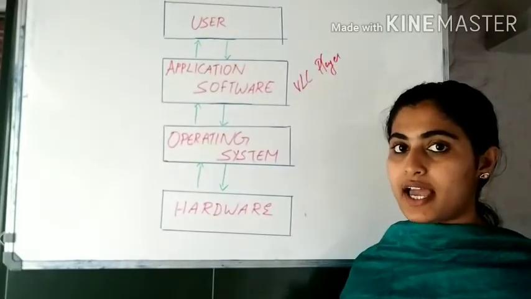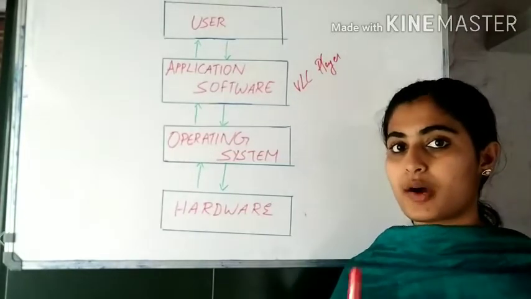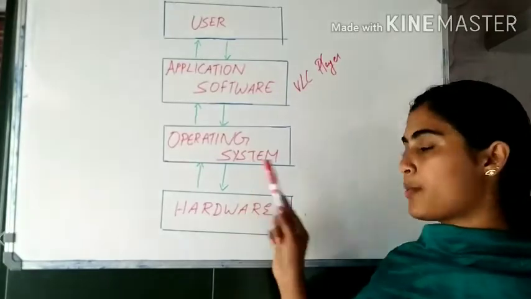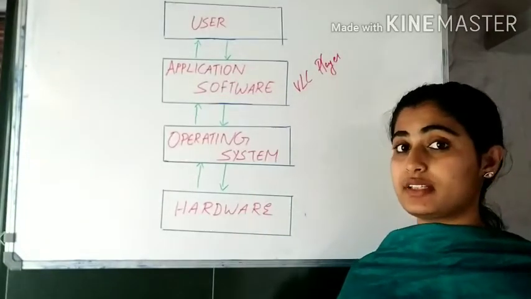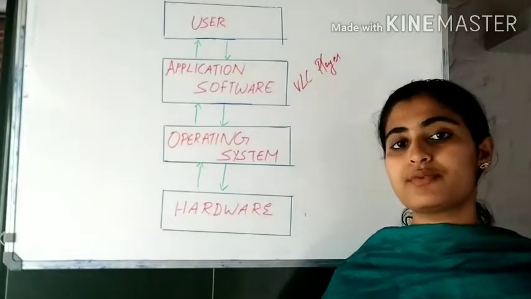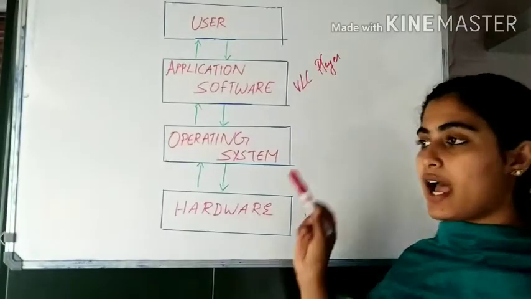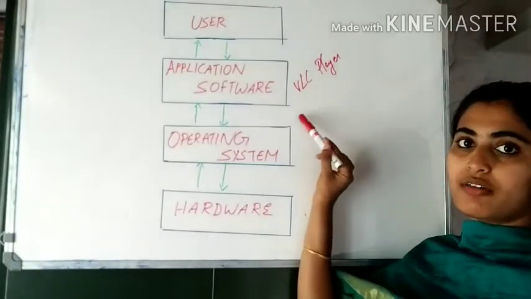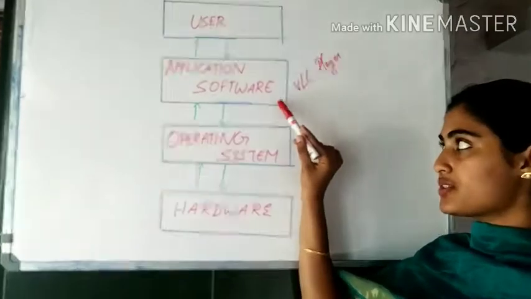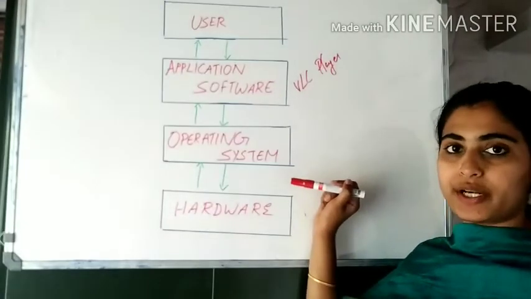I have told you that whatever information a user wants to communicate with the system will first pass on through the operating system, and operating system is the one that converts or translates them into the form that is understandable by a computer. So here I have opened an application software named as VLC player, and whatever instructions are present inside this software pass on to the operating system.